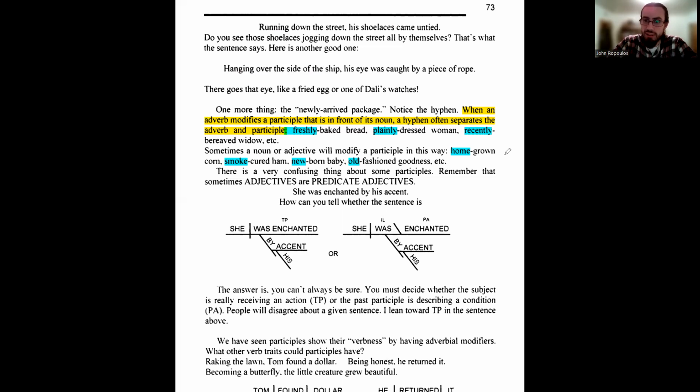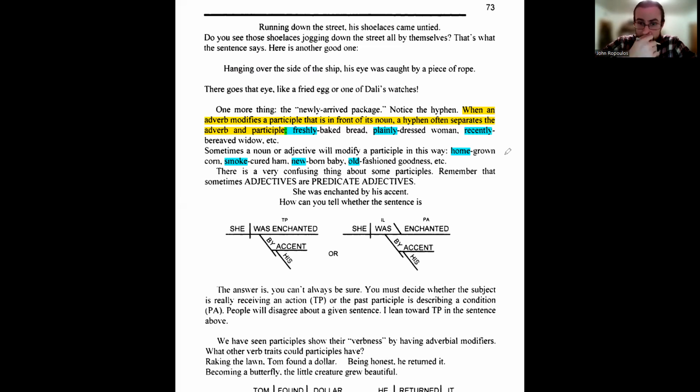So goodness there, right, is an adjective. So old-fashioned. Fashioned is our participle. Old is modifying fashioned. And goodness there is a noun, but old is an adjective. So you have home and smoke, those are nouns.